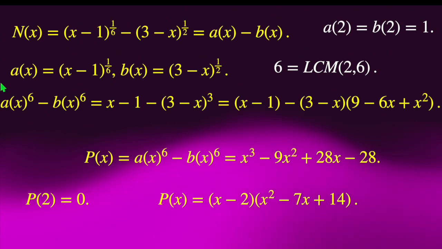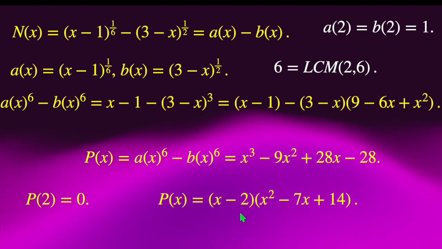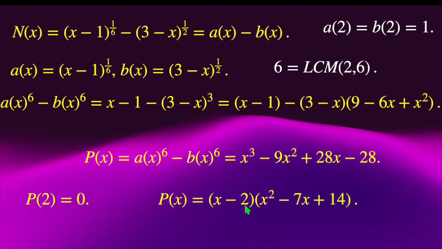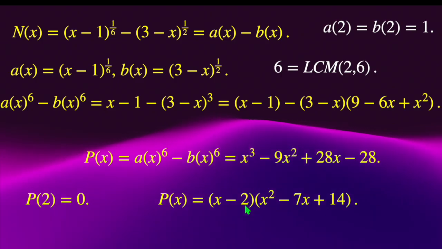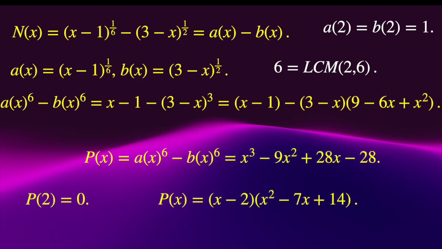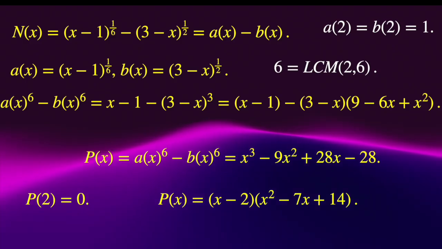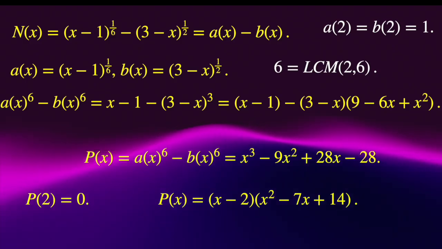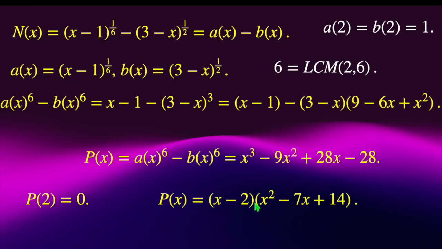Now we have expanded this expression and we have x minus 2 as a factor, and since we will compute the limit at 2, it's interesting to have this equation.